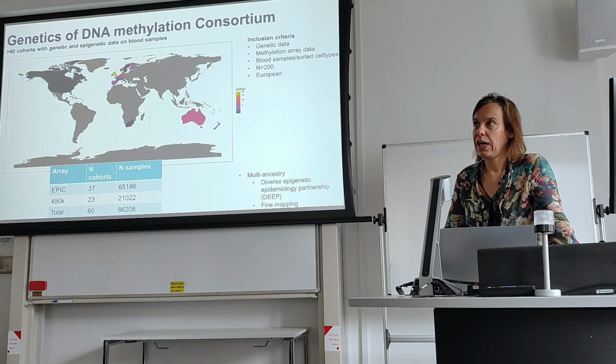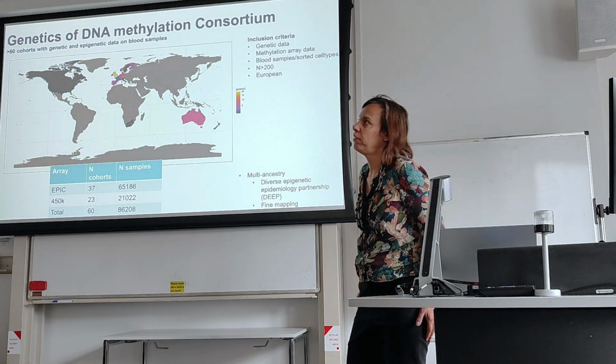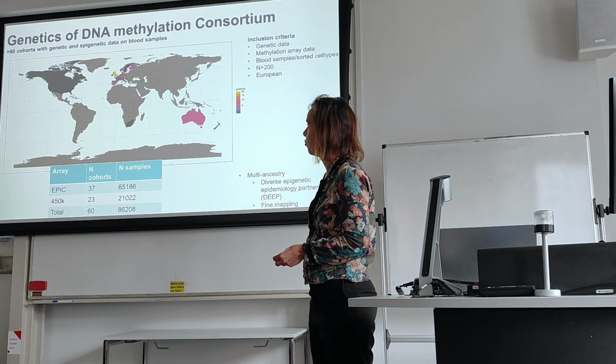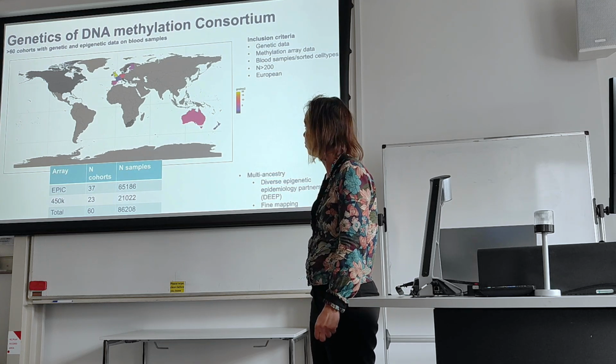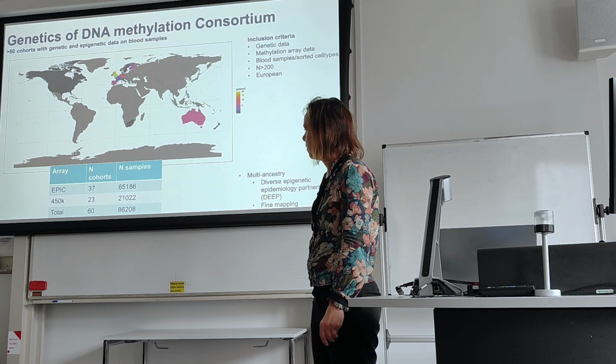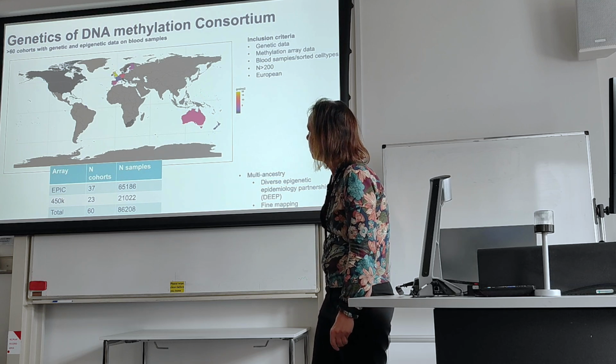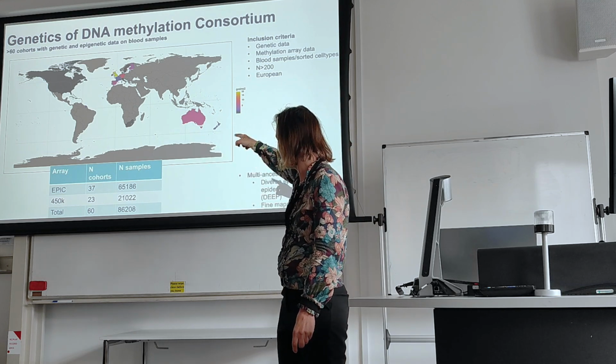So basically, when I started this, we brought all those cohorts with genetic and methylation data together in a consortium called the Genetics of DNA Methylation Consortium. At the moment, there are more than 60 cohorts with genetic and epigenetic data on blood samples. They're mainly European, with a few US and Australian cohorts.